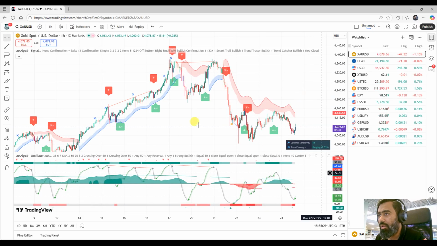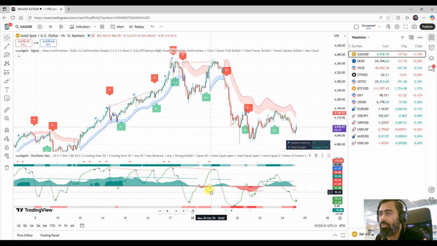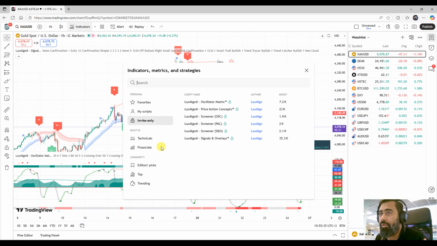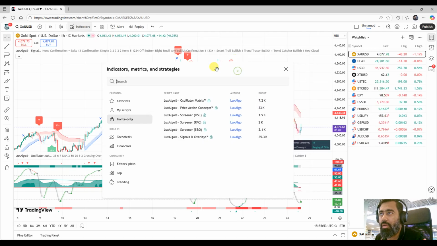Okay, so the funny thing about the oscillator matrix is that, if you see over here, most people are not using it because, to be honest, they don't know how to use it. That is the real reason. When I was in one of the communities for Lux Algo, and last time when I was at the Dubai Expo, I met the Lux Algo team, and I understood from them that this is one of the most superior and most powerful indicators.